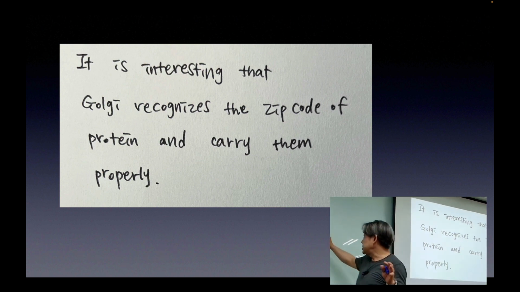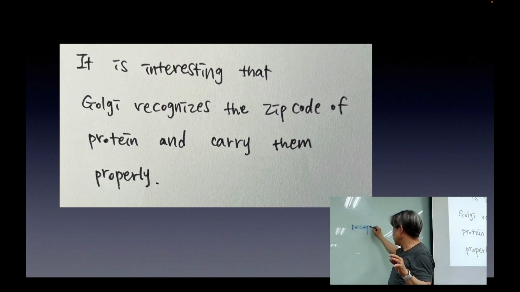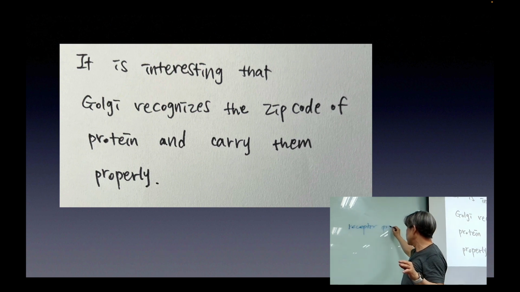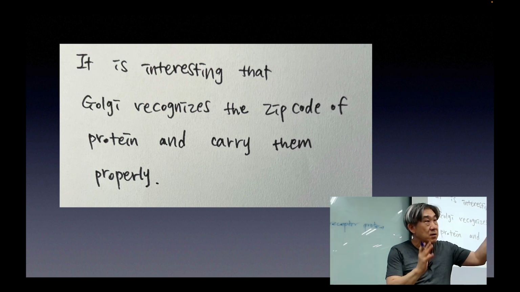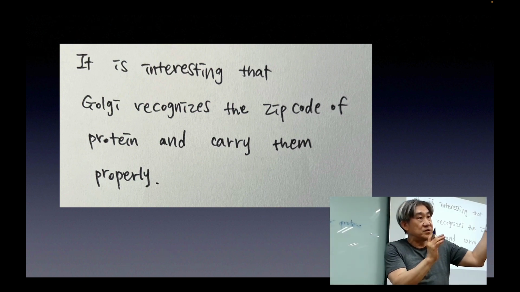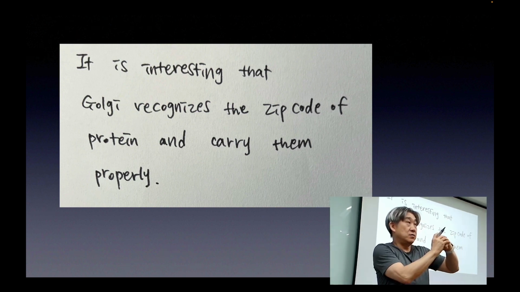It's all receptor proteins. Different receptor proteins can bind or recognize a different signal as a zip code.